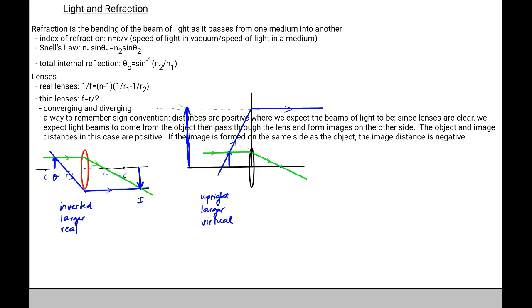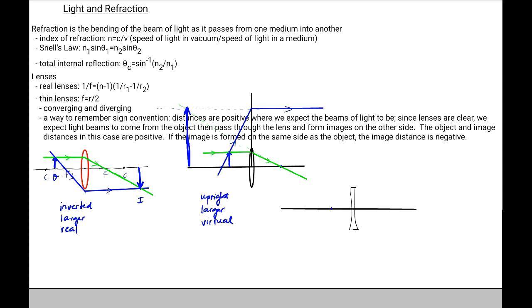So we have one more drawing to do, and that one is for a diverging lens. So there I have a principal axis, and now I'm going to draw a diverging lens. I have to draw my focal points.